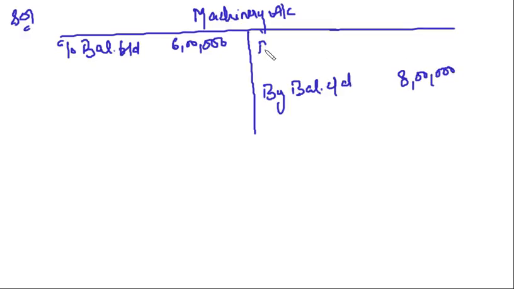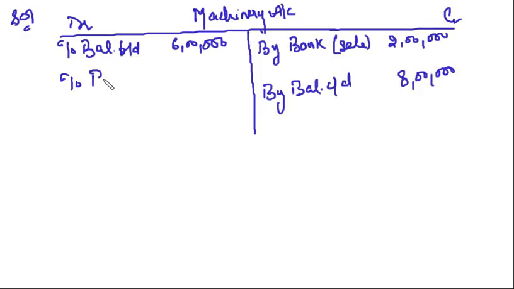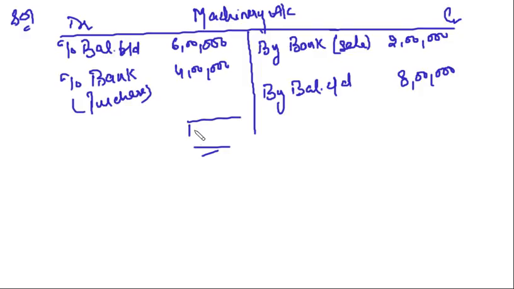We are given that we have sold machinery at book value 2 lakhs. So I can say by bank, sale 2 lakh. What is the balancing figure? Credit side is more than the debit side. So the balancing figure that we get is purchase, to bank. This comes to 4 lakhs. So 4 lakh is the purchase of machinery. 2 lakh is the sale of machinery.